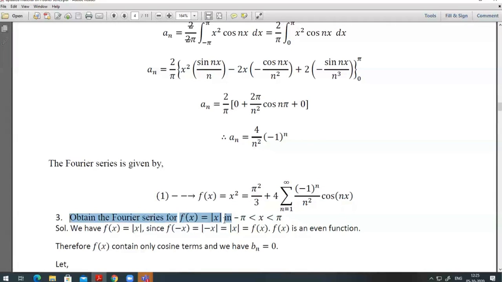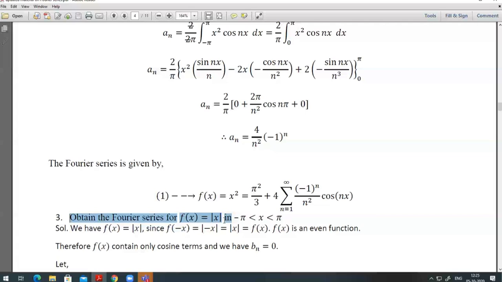Now a similar example, that is example 3. f of x is mod x in the interval minus pi to pi. Here mod x, as you know, is an even function. The interval is minus pi to pi, so the width of the interval is 2 pi, again the period is 2 pi, so f of x plus 2 pi is equal to f of x.